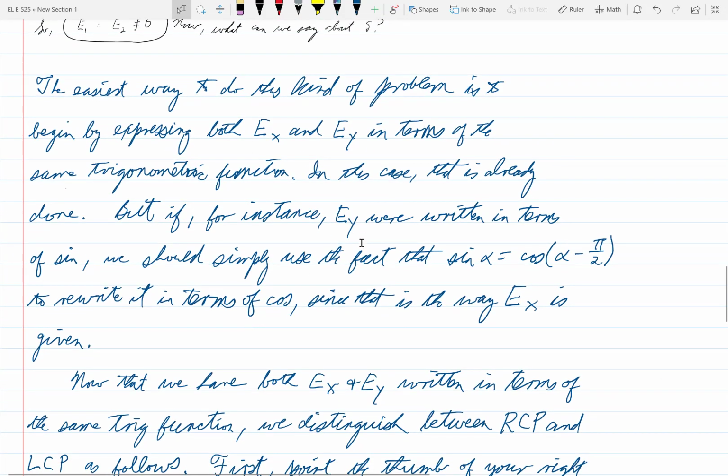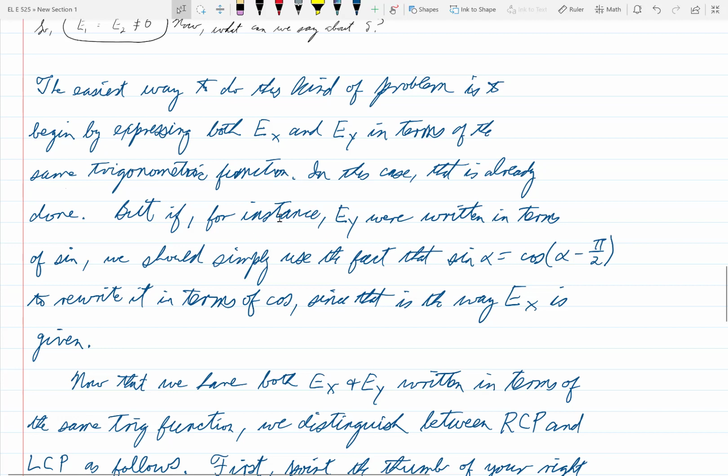Well, the easiest way to do this kind of problem is to begin by expressing both Ex and Ey in terms of the same trigonometric function. Now, in the case given here in this lecture, that's already done. In other words, both Ex and Ey are being expressed in terms of the cosine.